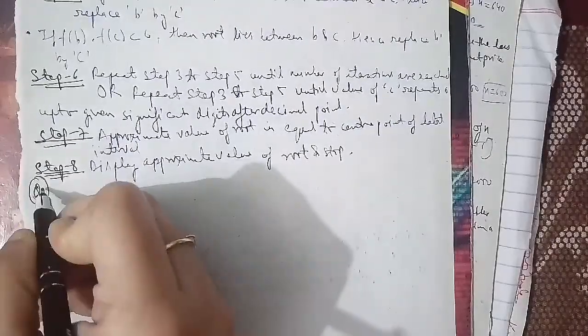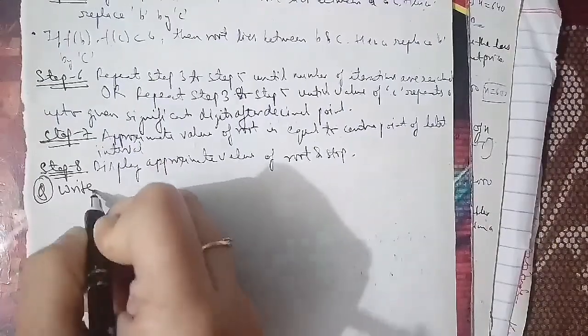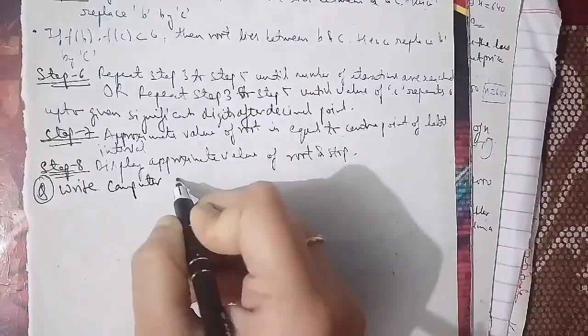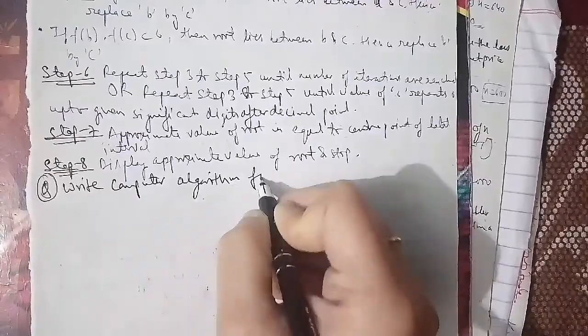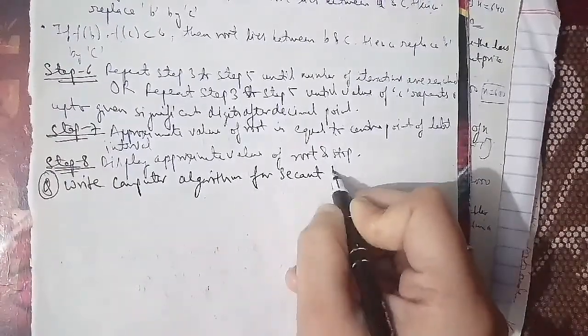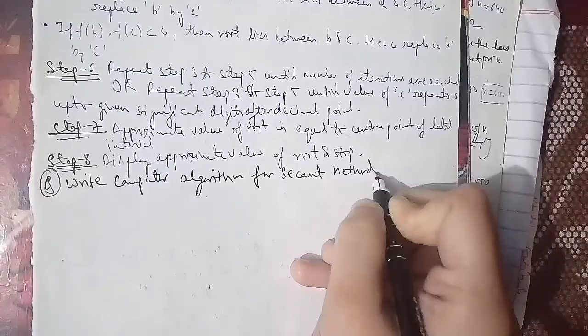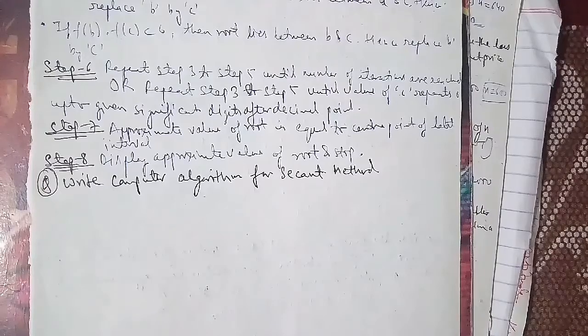For the assumptions, we go ahead here. The assumptions are that the function fx is predefined here, and that the correct values of the initial approximations x0 and x1 are entered, in which one root of fx is lying. These were the two assumptions, so I just write it down for you all so that you will get to know about it. So first we'll go ahead with assumptions here.